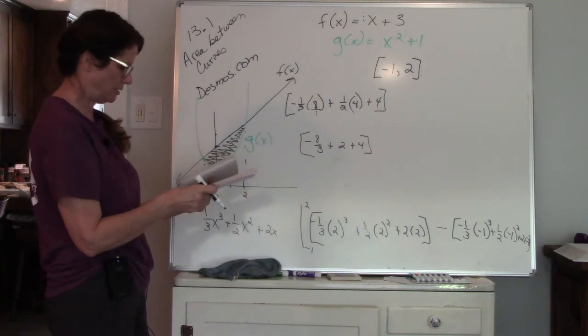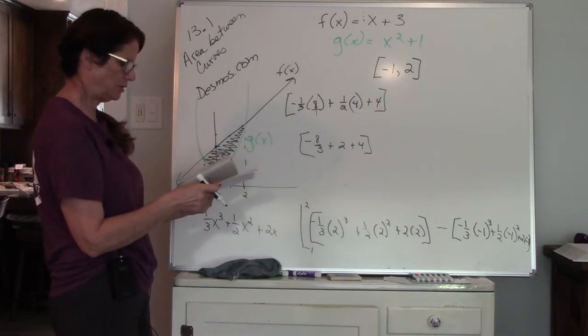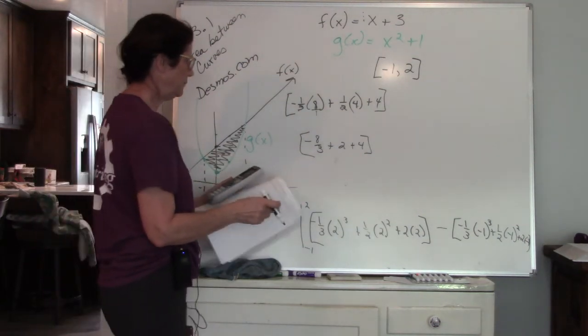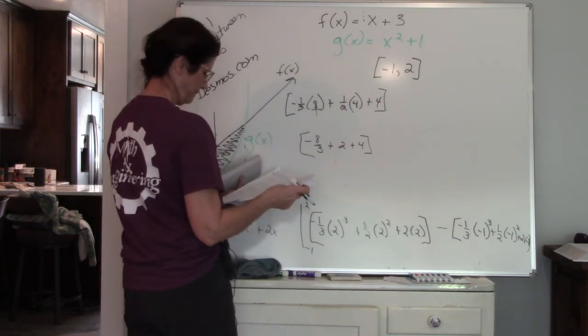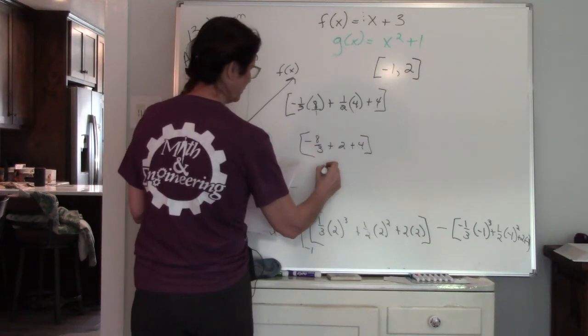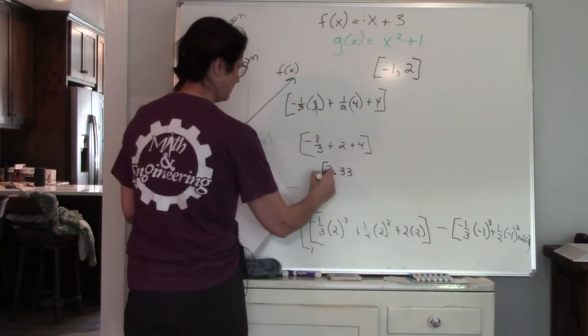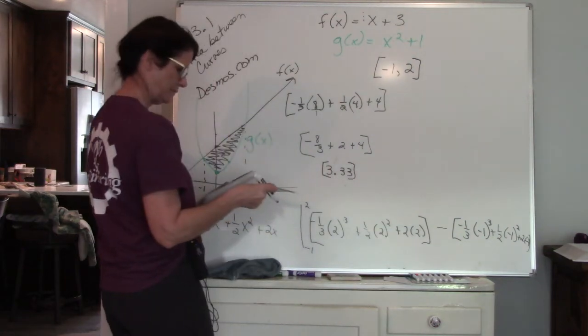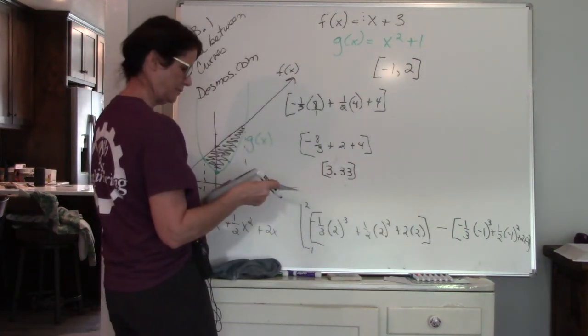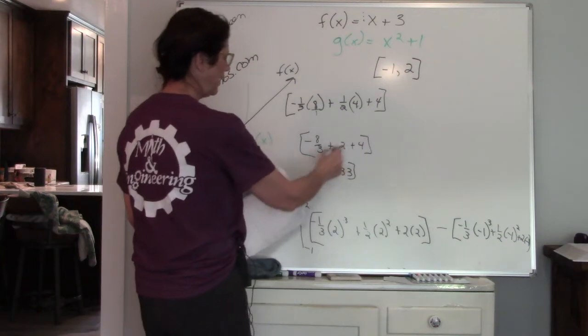So I get 3.333 in the first set of brackets. And now I have that answer.